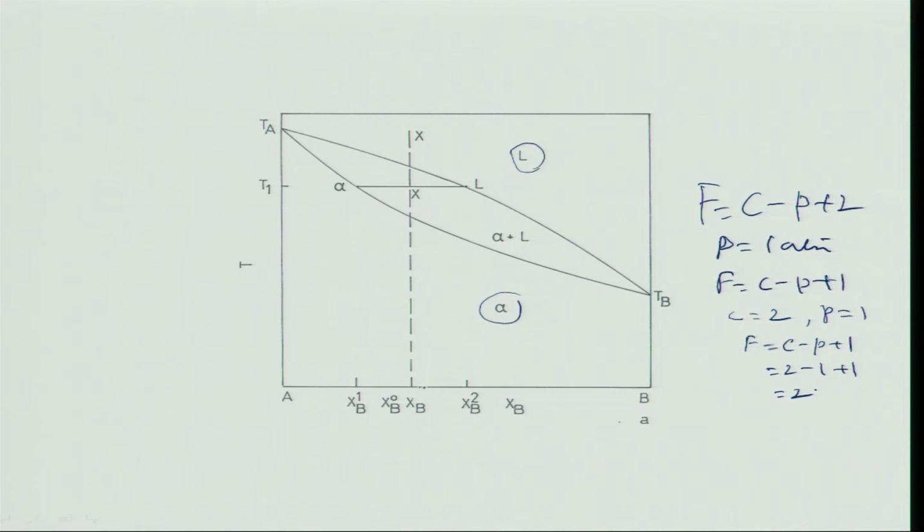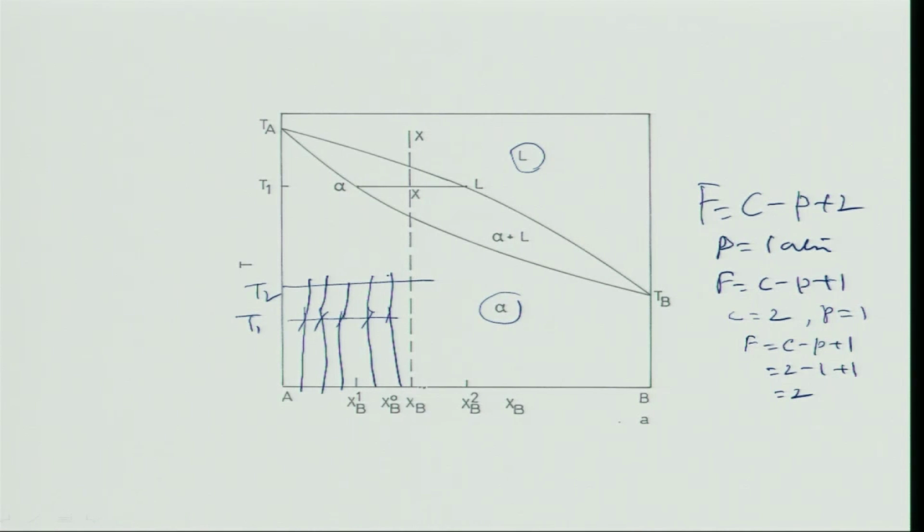So, degrees of freedom is equal to 2. What is the meaning of that? Let us select a temperature in a single phase region, T1. Now, I can have many compositions where alpha is stable. Similarly, if I take a different temperature T2, alpha is also stable at many compositions.